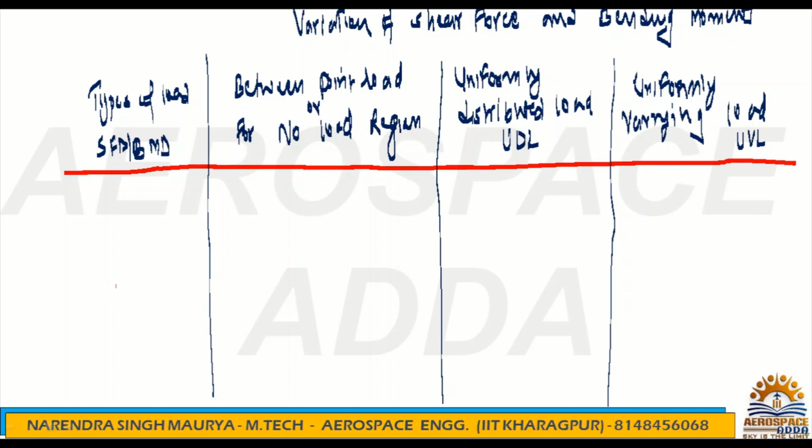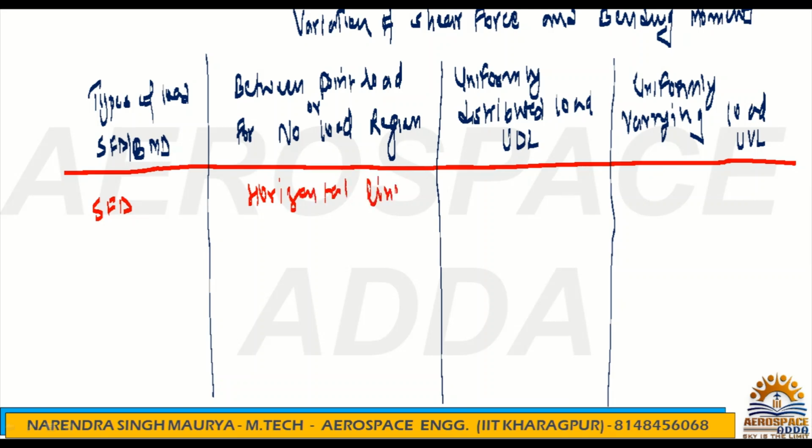see what about SFD, shear force diagram. If between point load, or if there is no load, then what will be the curve? The curve will be a horizontal line for SFD.